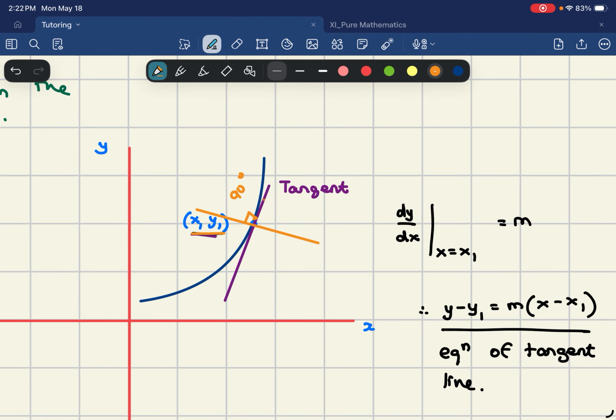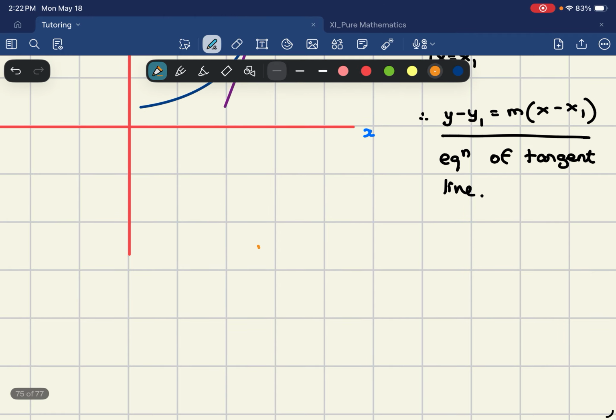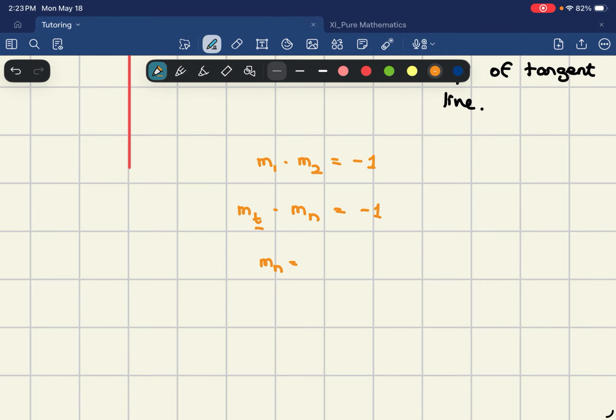We know that if two straight lines are perpendicular to each other, then the product of their slopes, m1 times m2, must be minus 1. So the slope of the tangent line times the slope of the normal line, t for tangent and n for normal, should be equal to minus 1. So the slope of the normal line is minus 1 over the slope of the tangent line.